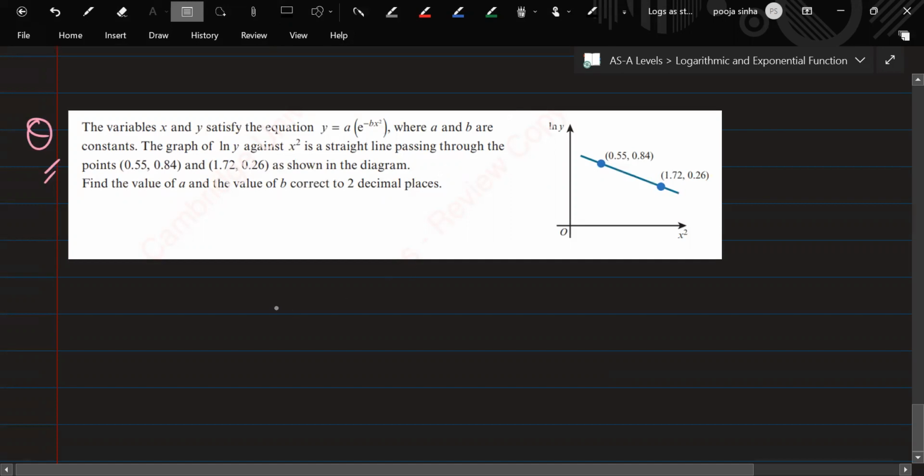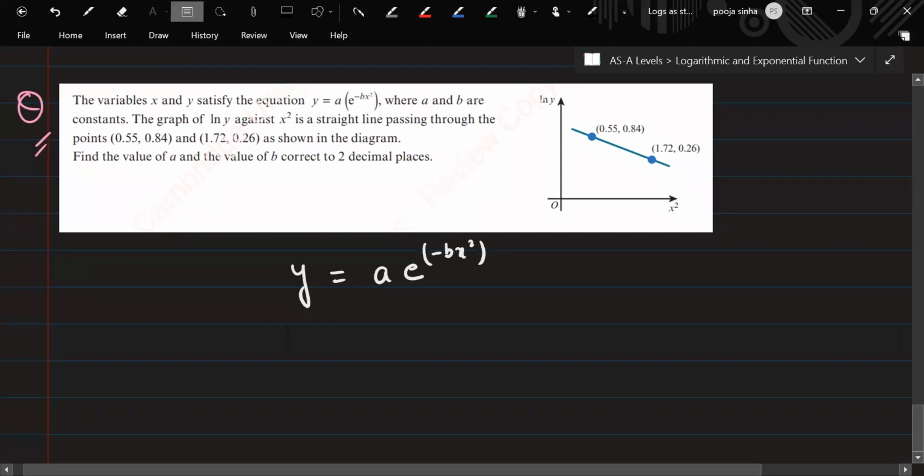So the question says you have y equals a e raised to power minus bx square, correct? And since it is saying what is the graph between, the graph of what is it given to you? ln y and x square. So I'm supposed to take ln on both sides, log to the base e on both sides, right?